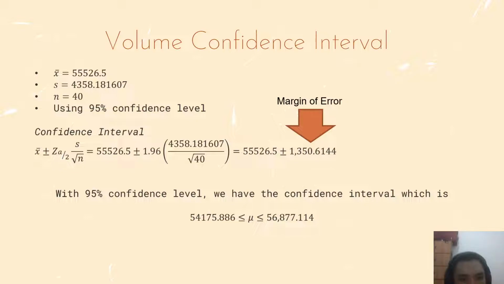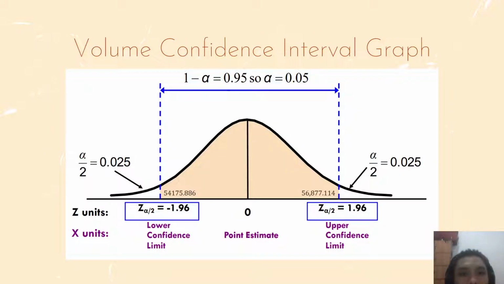So with 95% confidence level, we have the confidence interval, which is 45,175.886 on the left side, and the right side is going to be 56,877.114.